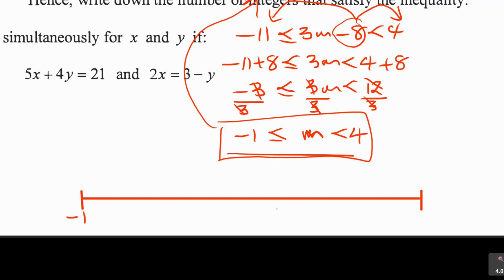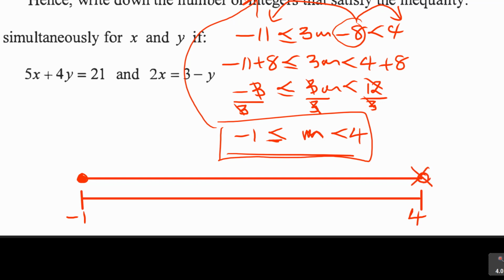This is minus 1 and this is 4, but it says minus 1 is less than or equal to m. So there is this thing whereby you shade it to say that number is included, and then it will go all the way to 4. M is less than 4, you don't shade. So 4 you don't include because it just says less than. But minus 1 we are going to include it.